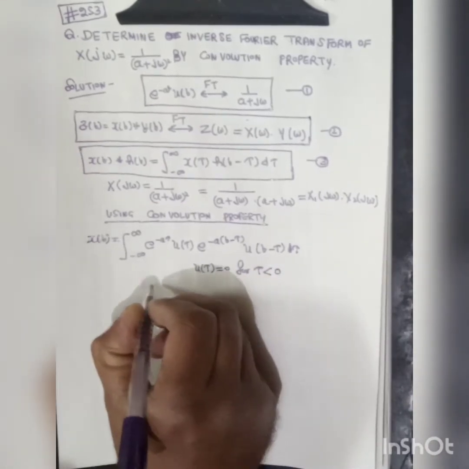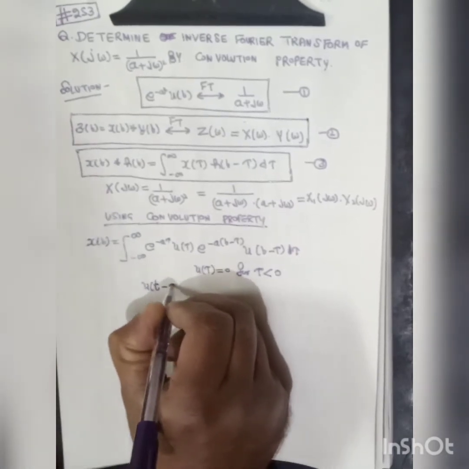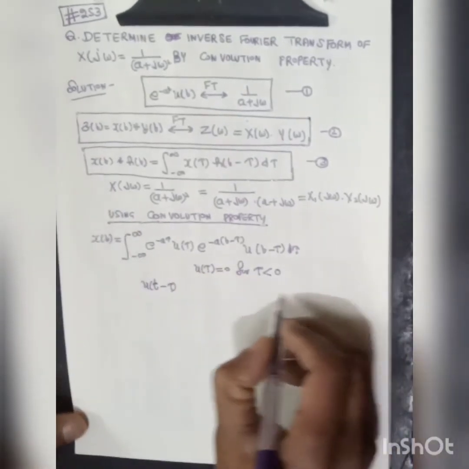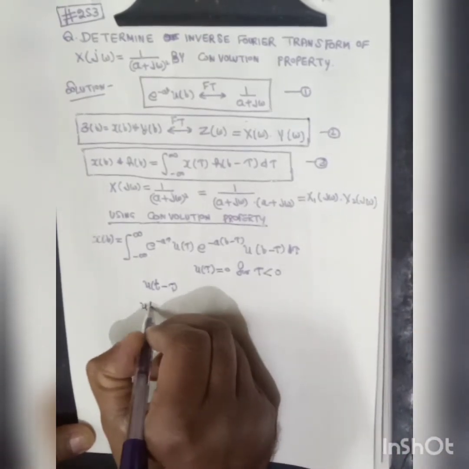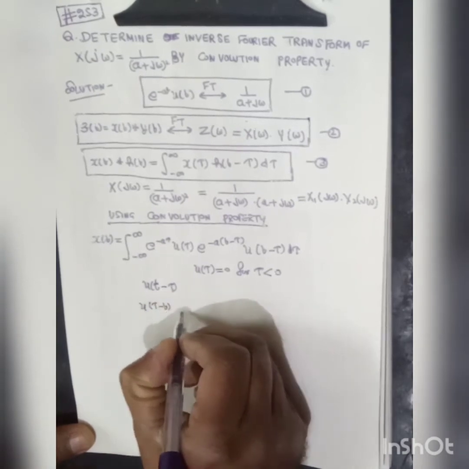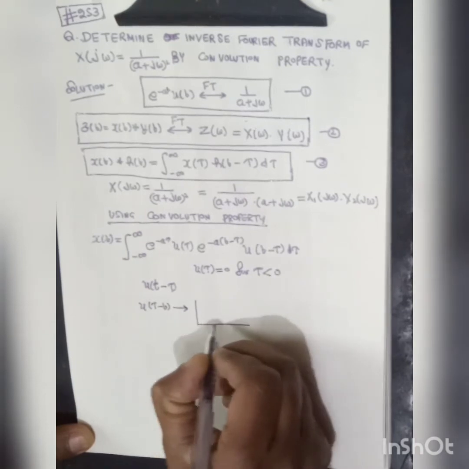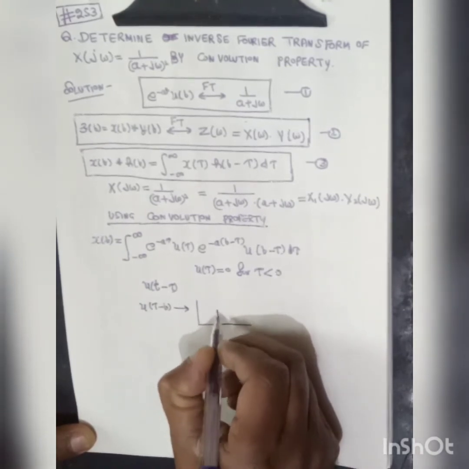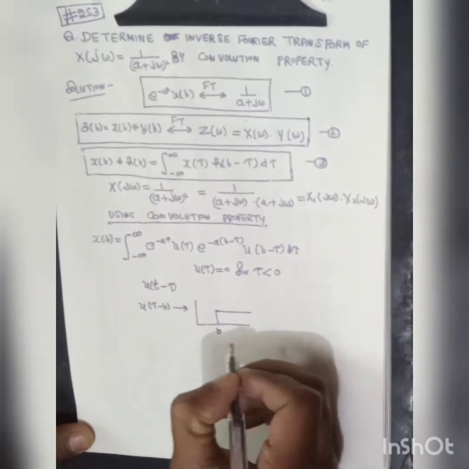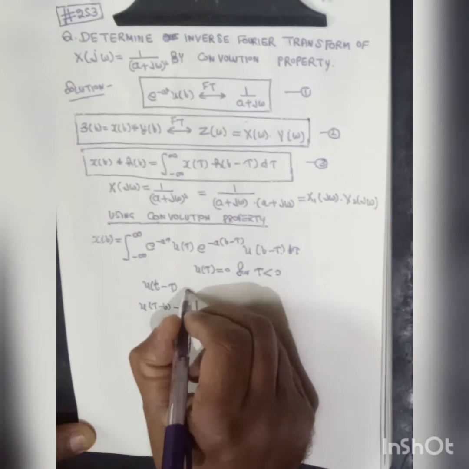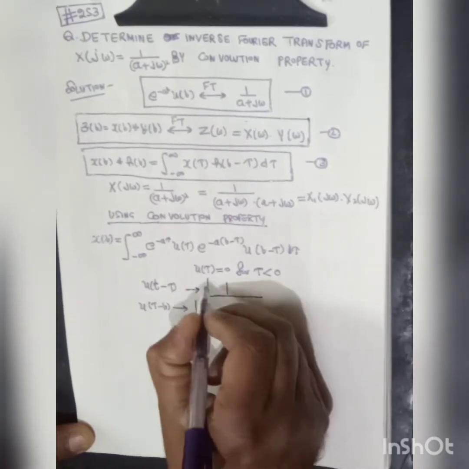And u(t minus tau): the signal u(tau minus t) will start from t. This signal is u(tau minus t), so the t minus tau signal will be the reverse of this. So this will be like this.